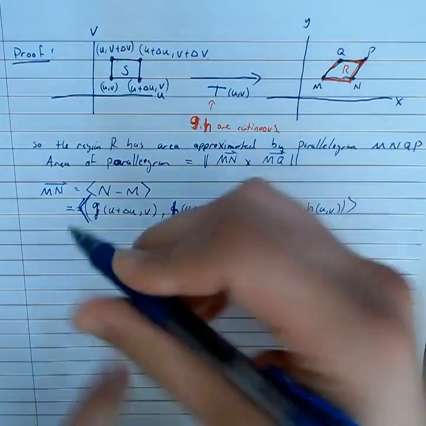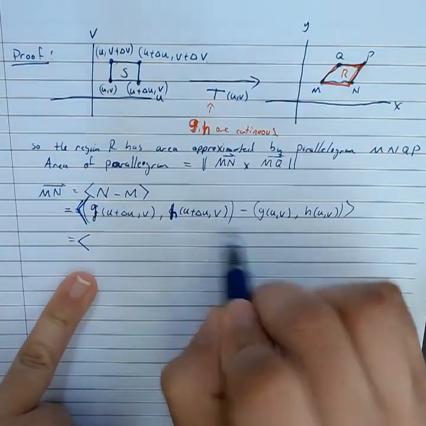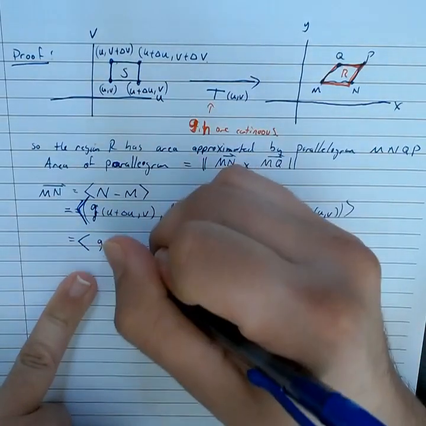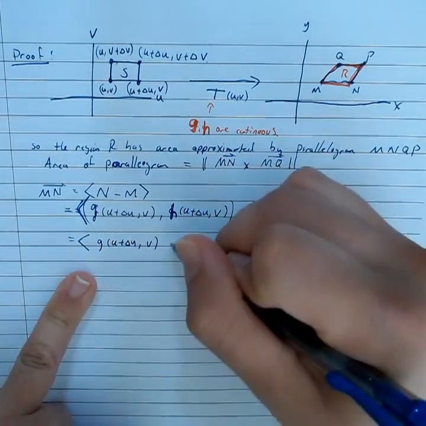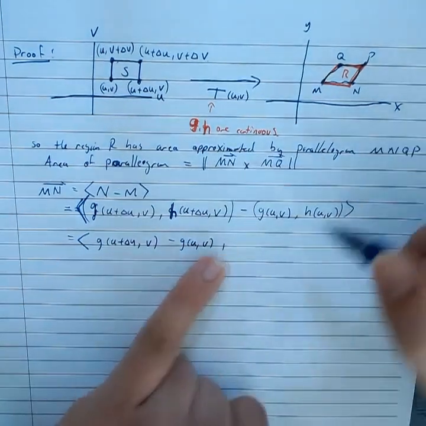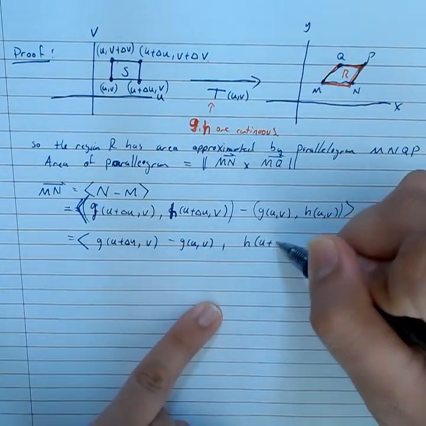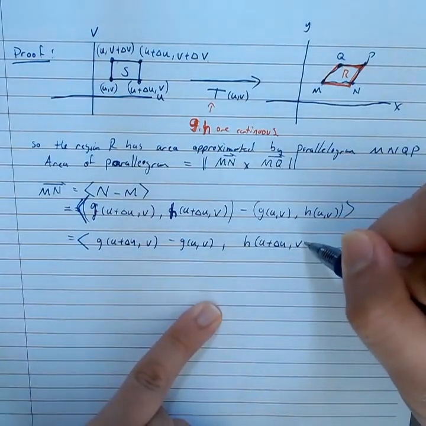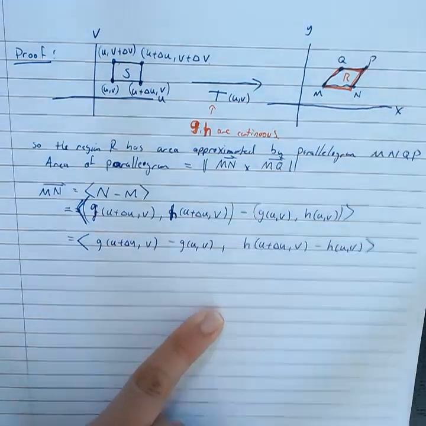And so this is going to give us the vector, and now we subtract the two components. That's going to be g of u plus delta u comma v minus g of u comma v, comma, and then here we're subtracting the corresponding components. That's h of u plus delta u comma v minus h of u comma v, like that.